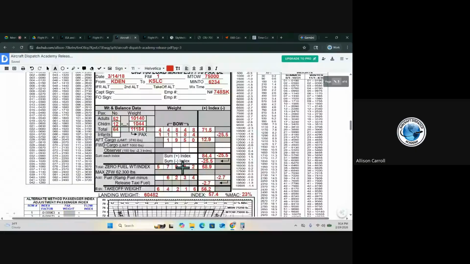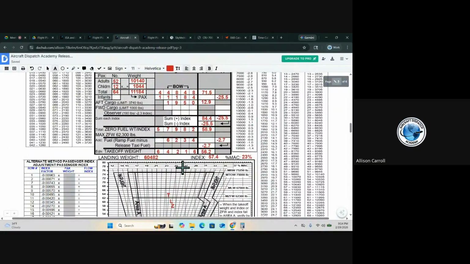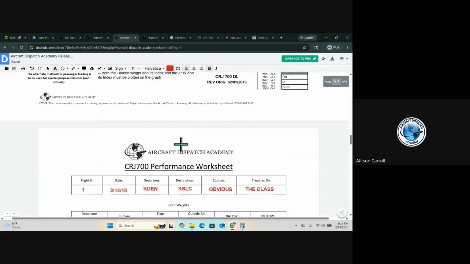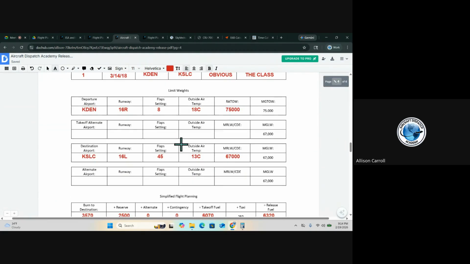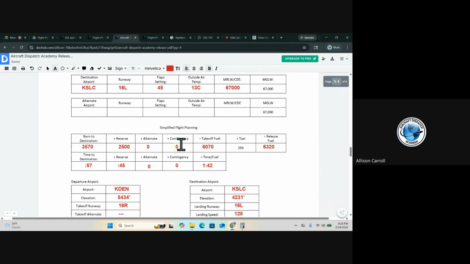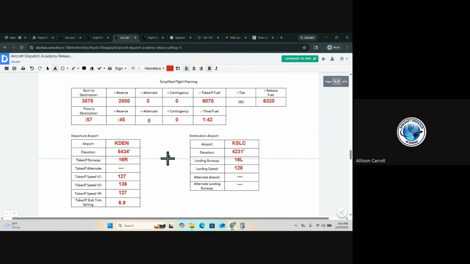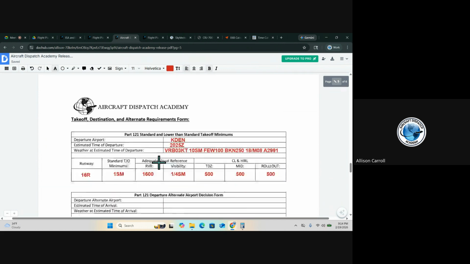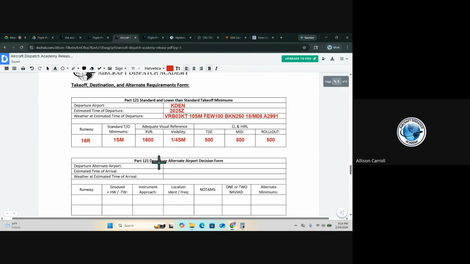We did our weight and balance to get our estimate numbers and to make sure that we were balanced enough to take off. And we filled out our performance worksheet, just more information about our burn and our runways and our airports and our V speeds. We filled out this takeoff, destination, and alternate requirements form.